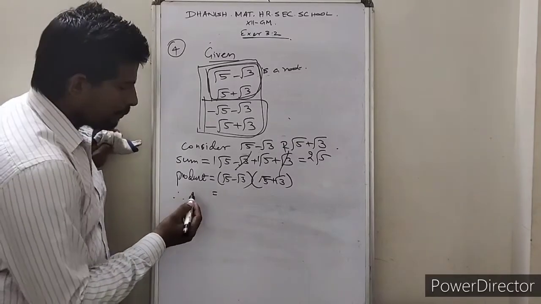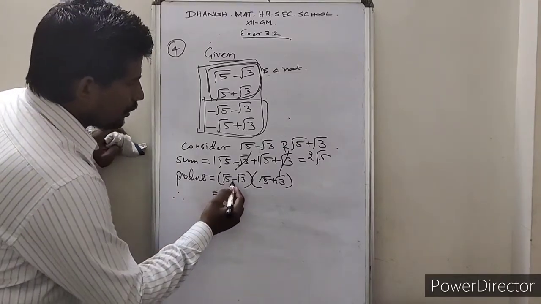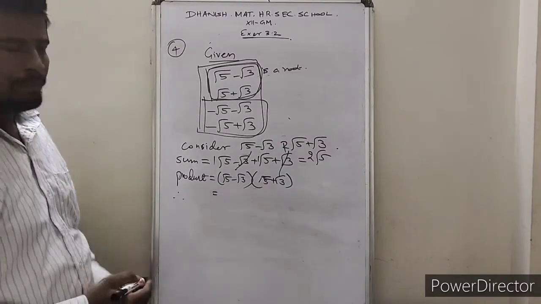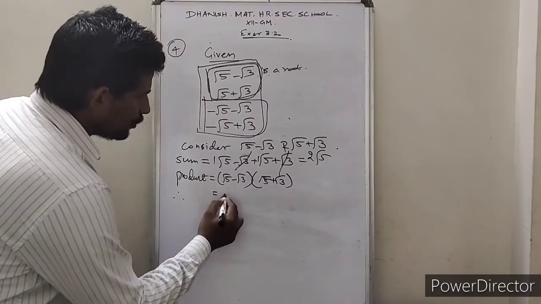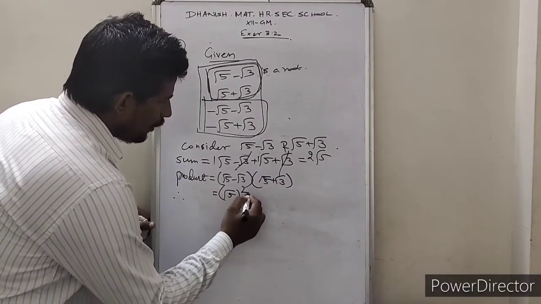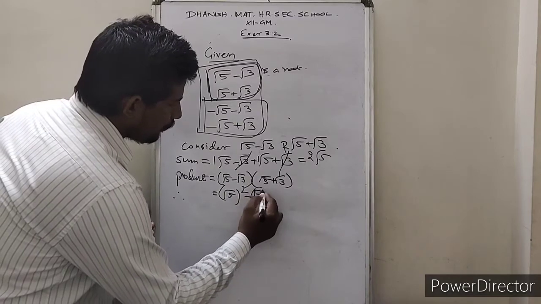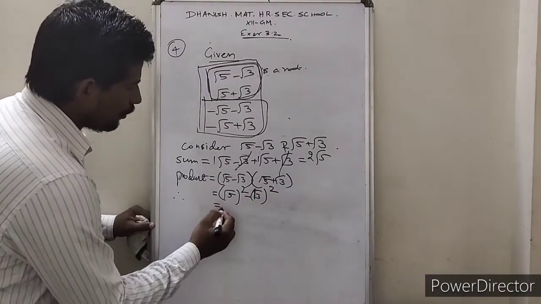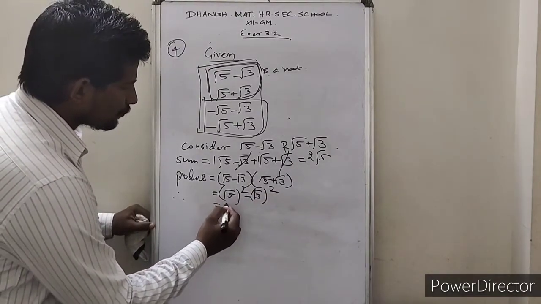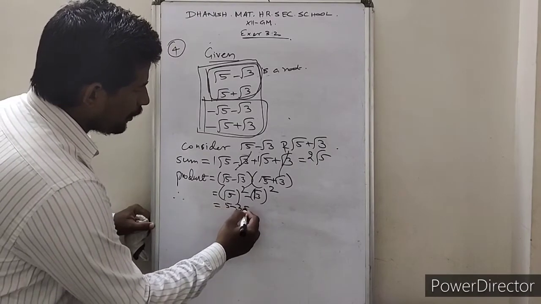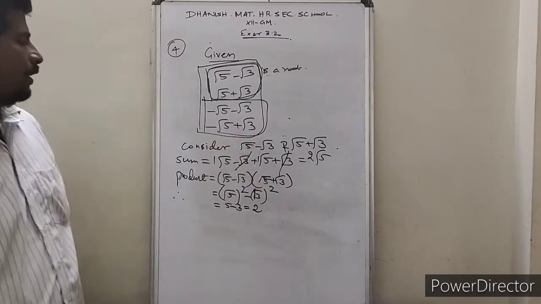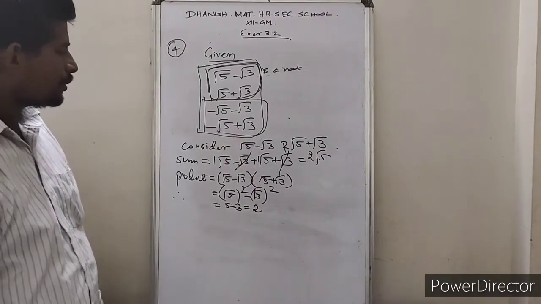Okay, now we are going to find the product of the roots. This is in the form of (a plus b) into (a minus b). So I am going to use the identity. So it will be a square minus b square. So this is equal to 5 minus 3. So our product of the roots is 2.